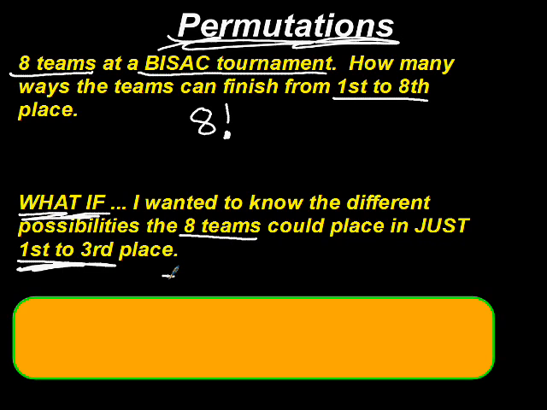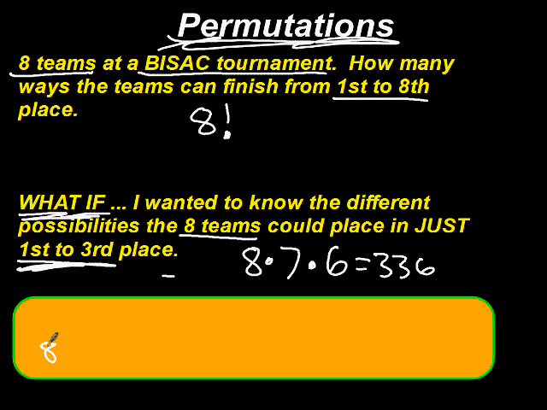Well, the first spot would be 8 teams for first, but then we've used 1 team, so the next choice would be only 7 for second place, and then third place would end up being 6. Okay, so we end up getting 336 different possibilities.